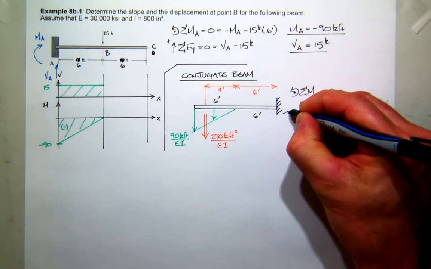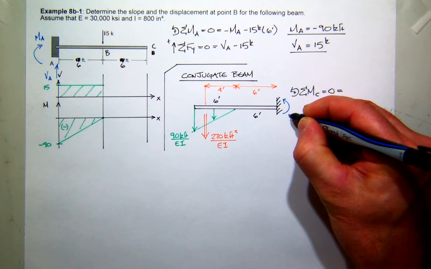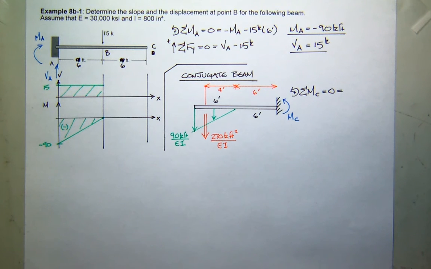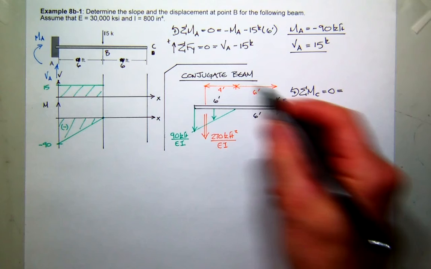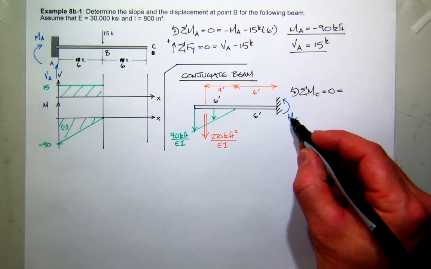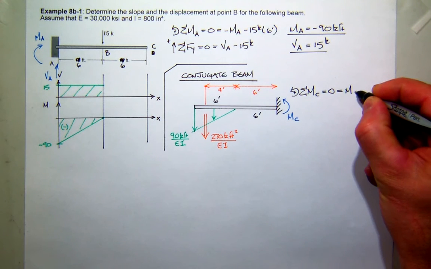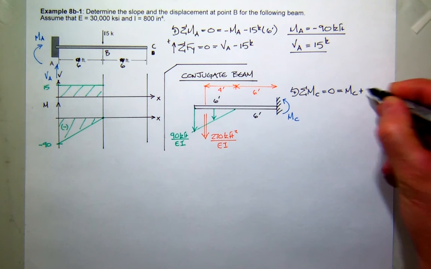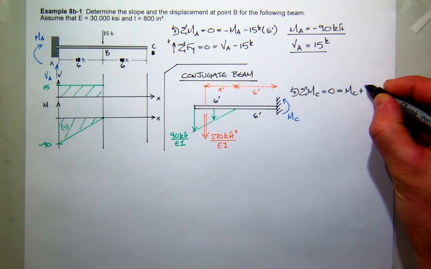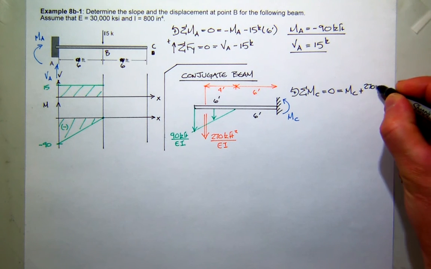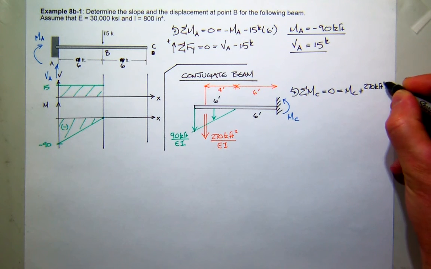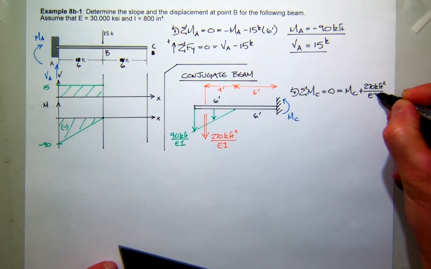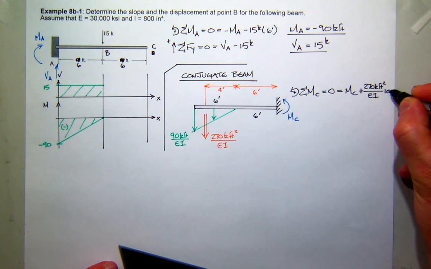Oh, also I forgot to include that I do have a reaction moment at C, and that's positive bending moment. So with that said, I just do my statics. The moment at C is positive. About C, this force creates a positive moment. Let's see if I can squeeze this in here. 270 kip feet squared over EI times 10 feet.